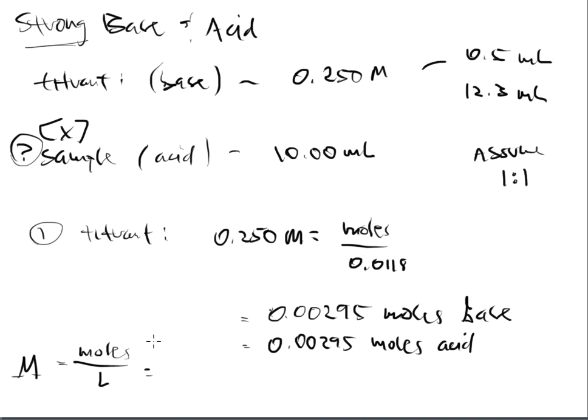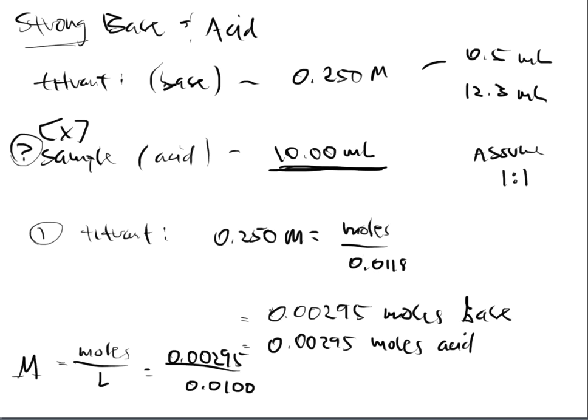Right up here it is, 0.00295, divided by the liters of the sample that I used. Well, I used 10 milliliters in the titration. I need liters for molarity work. So that 10 milliliters is 0.0100 liter. I've taken 10 divided by 1,000, and that gives me 0.010.